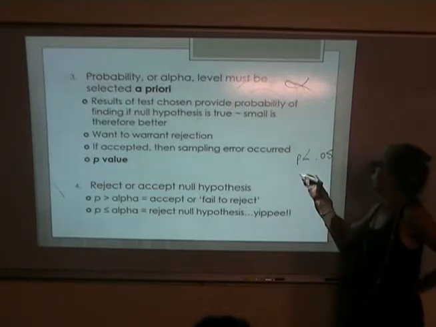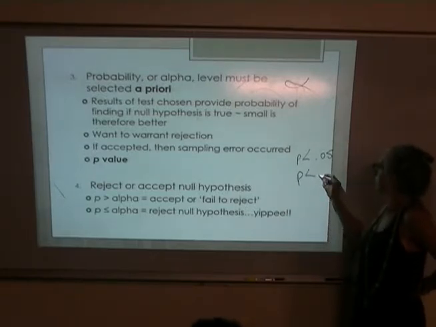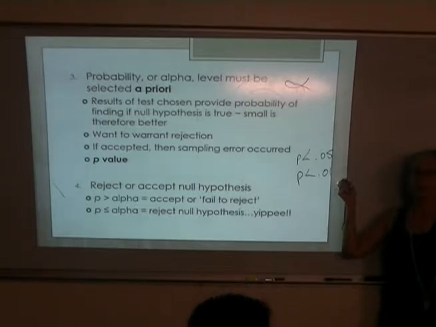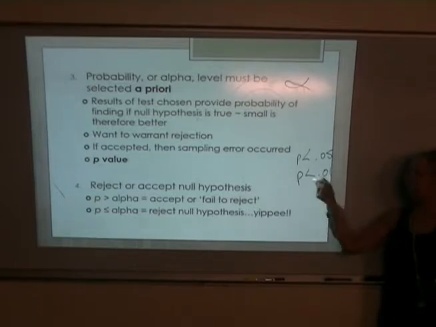Sometimes you will see a p-value less than 0.01. That's great in our kind of work. So you want the p-value to be as small as possible, right? If they're reporting results where significance is p less than 0.01, that's really nice data.